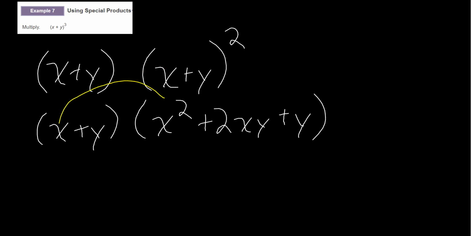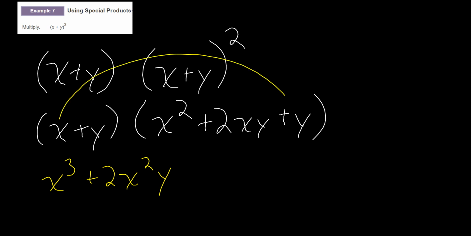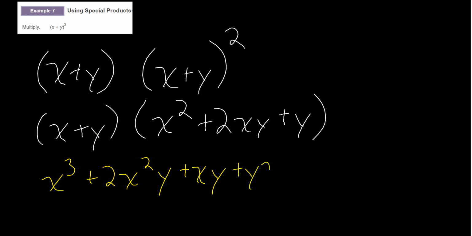So x times x squared is x cubed. X times 2xy is plus 2x squared y. X times y squared is plus xy squared. Y times x squared is yx squared. Y times 2xy is 2xy squared.